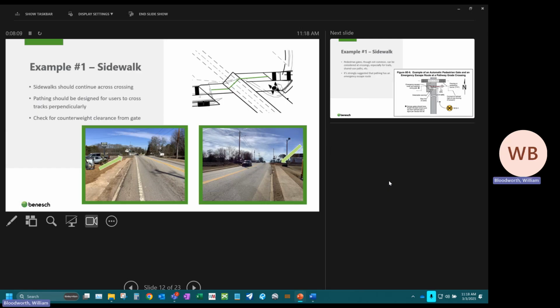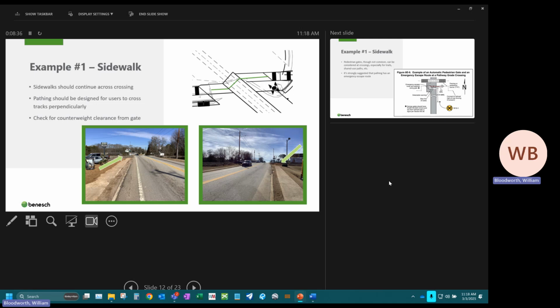All right, now I'm going to walk through a few key design elements that you can implement if you have a project at an at-grade crossing. The first one I'm going to start with is sidewalks. In the images on the screen, you'll kind of see what is commonly found in the field. You'll see a sidewalk that just conveniently ends right before the crossing and then picks up right after the crossing.